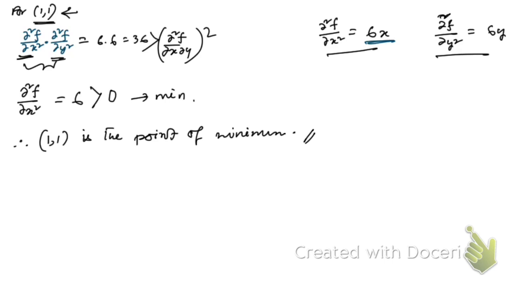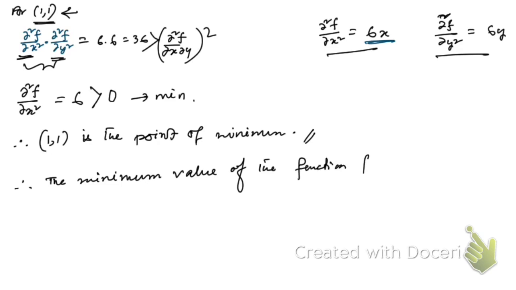So therefore the minimum value of the function f(x, y) is f(1, 1).